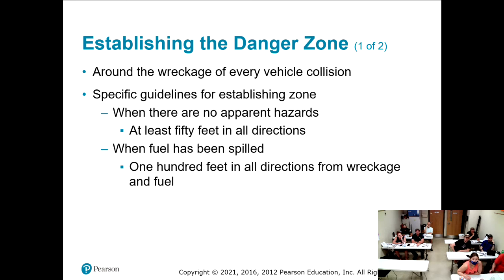So, establishing a danger zone. This is an area around every vehicle collision that keeps everybody outside of it if you're not directly involved in extrication or patient care. Some of the specific guidelines: at least 50 feet in all directions if there's no apparent hazards.